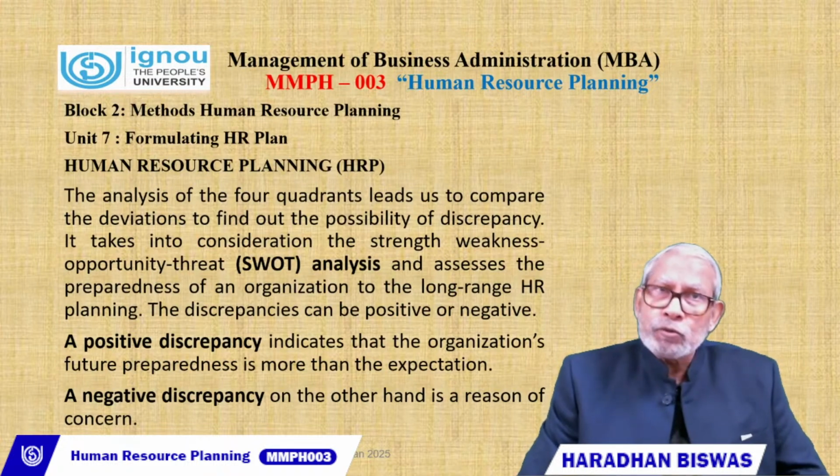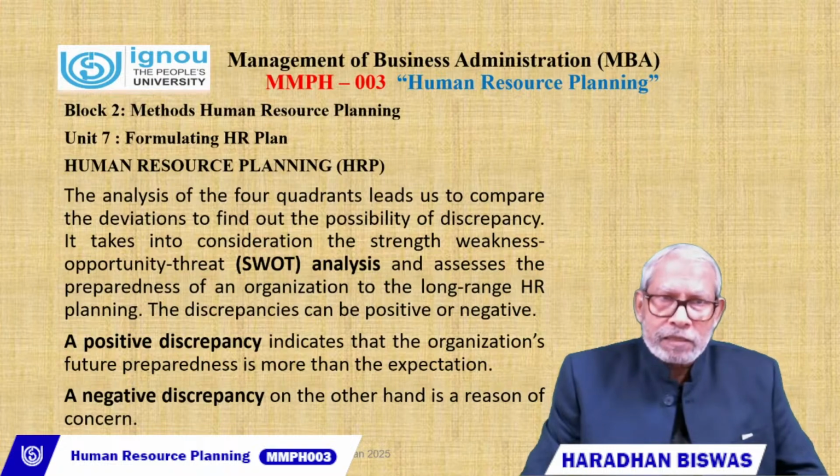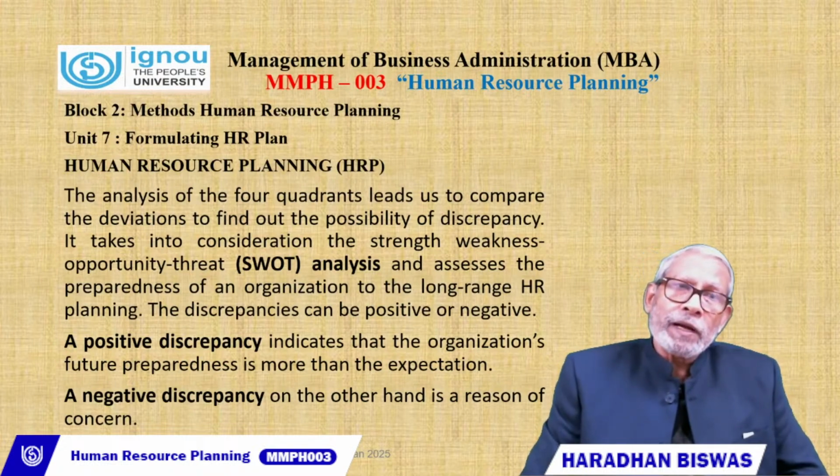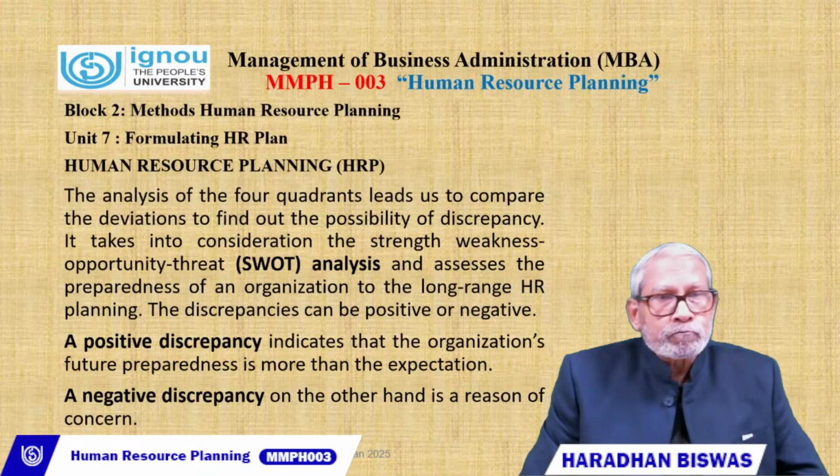So it takes into consideration the strength, weakness, opportunity, threat. Through this SWOT analysis, you can analyze the things and assess the preparedness of the organizations for long range HR planning.